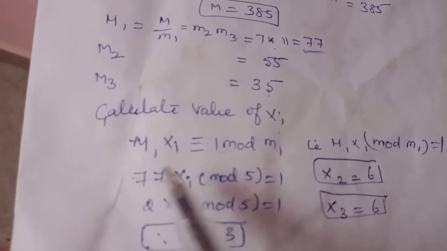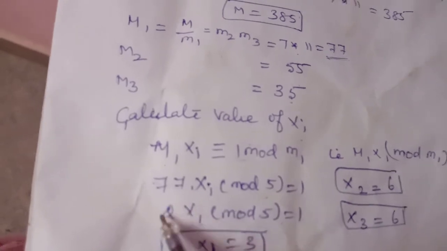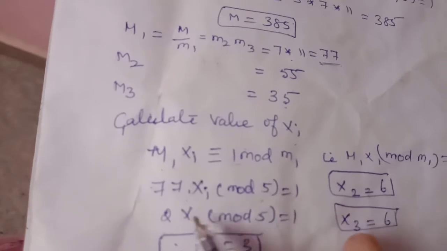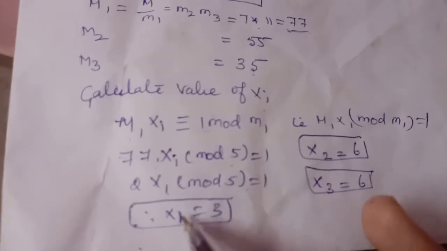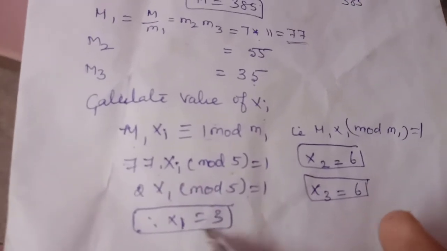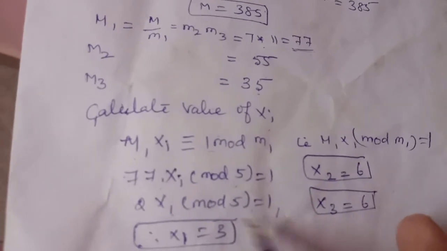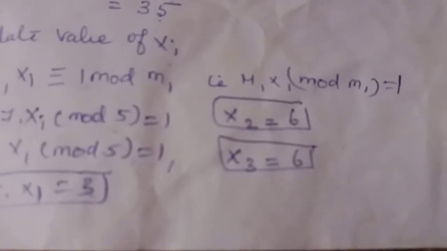If we divide 77 by 5 we get remainder 2, since up to 75 it is divisible by 5. So 2 into x1 mod 5 equals 1. The value of x1 is 3. 2 into 3 is 6, and 6 mod 5 gives 1. So we have to find the multiplicative inverse of this. Similarly, we get x2 value as 6 and x3 value as 6. You can calculate.